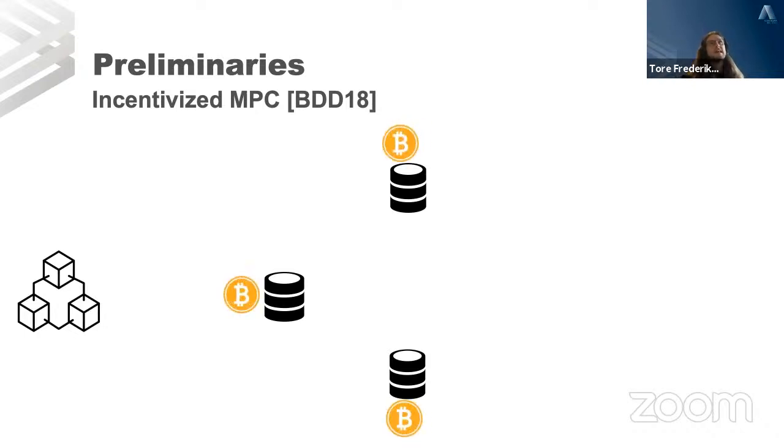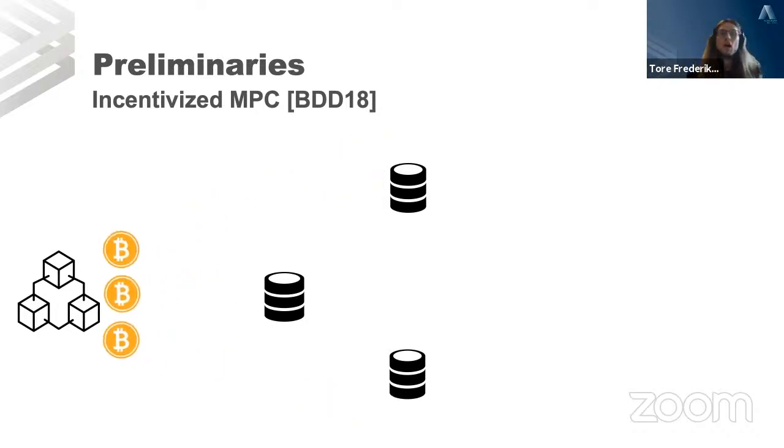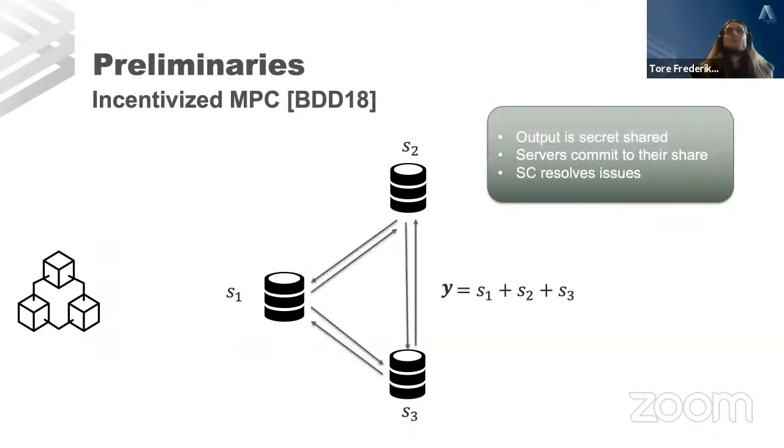So they use a blockchain and a smart contract where they send some tokens as ante for the computation. Then they do the MPC computation like they would, but in a way where the output is secret shared. Now they can commit to this secret shared output to each of the other servers, and if everything goes well at this point, they can send their shares. Everyone learns the output. Everything is good.